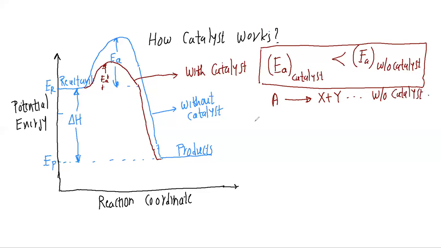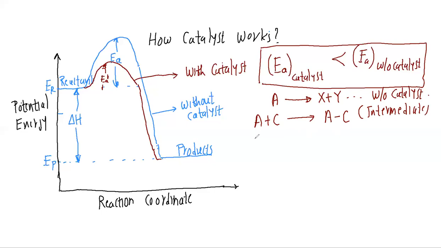So what if we introduce the catalyst, what will happen? Just see this. A plus C will give you a new intermediate. This is what we call a transition complex or intermediate. New compound altogether.